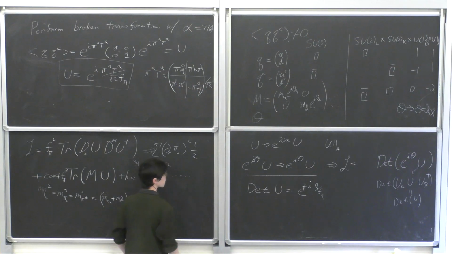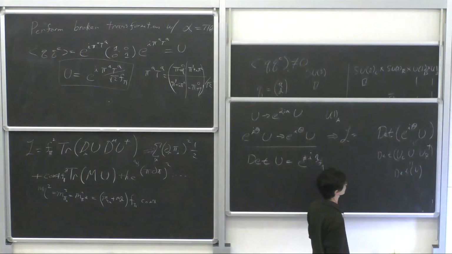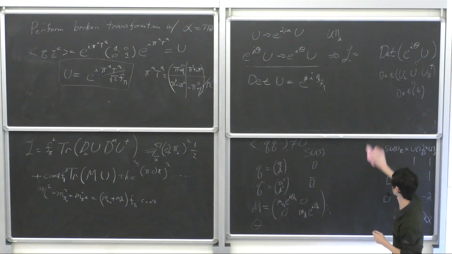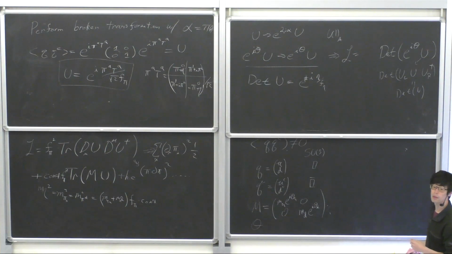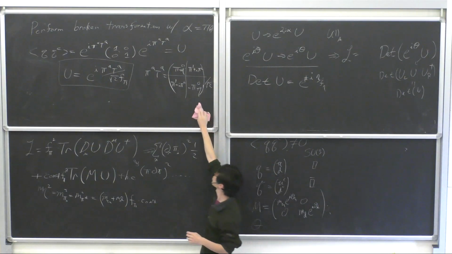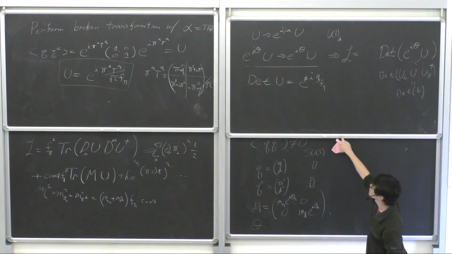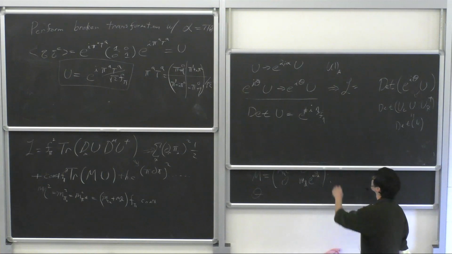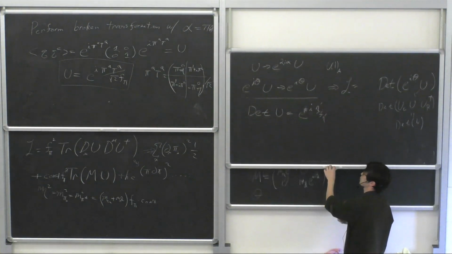So we have something in our Lagrangian that we can add. What is the effect of this term? Eta was the Goldstone boson of U1A. Oh, it should be eta prime. There you go.